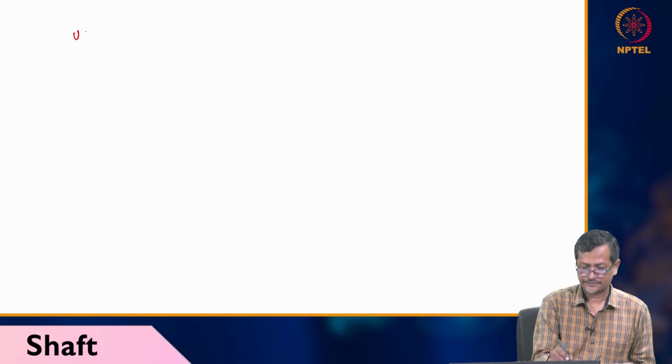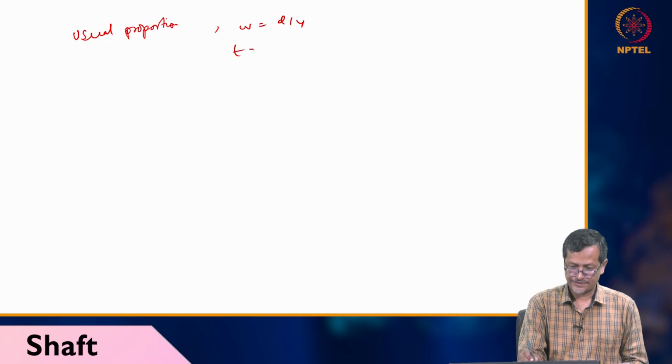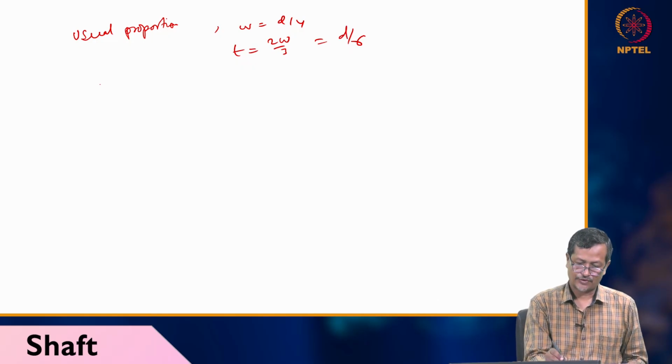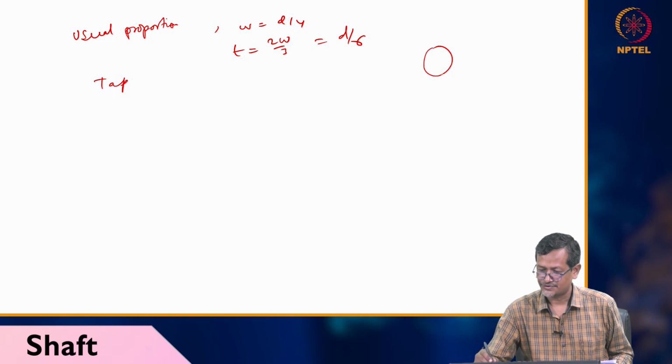The usual proportion is W equals D by 4, and T equals 2W by 3, which equals D by 6. Normally the taper is like this: I have one shaft and one key here, so the key will have some slenderness.